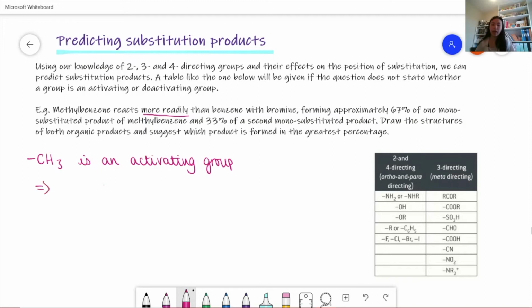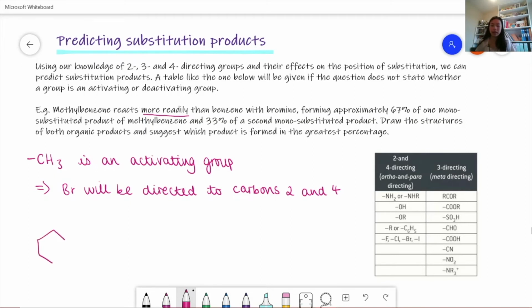So bromine will be directed to carbons 2 and 4. Firstly, let's draw out the methylbenzene.